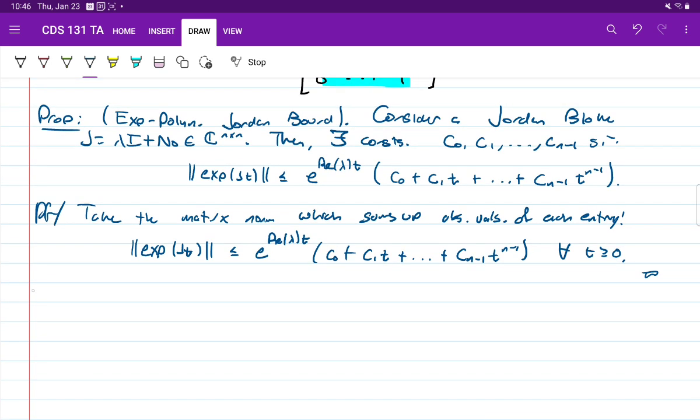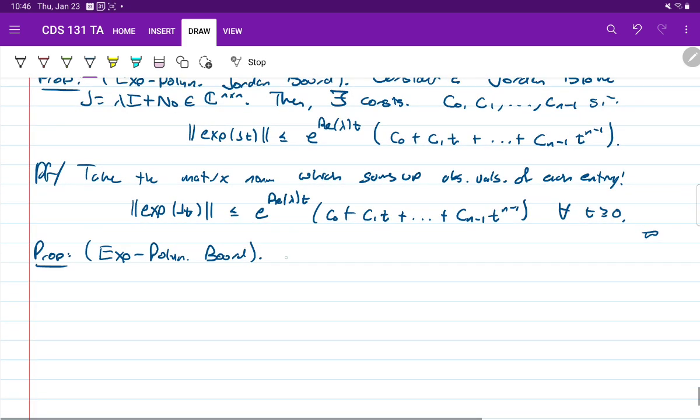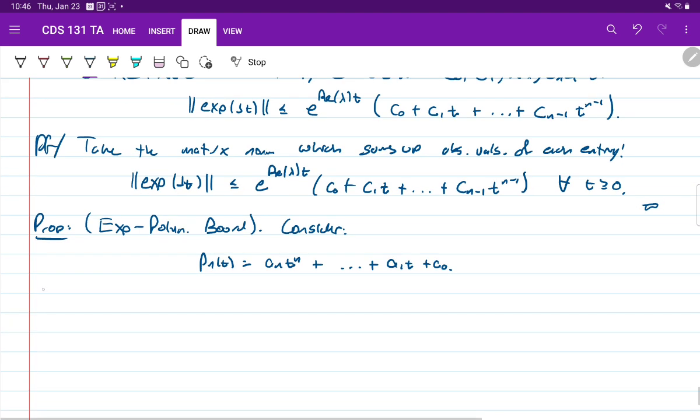So what we're going to do now is show that we can control the size of a polynomial with an exponential of any positive decay rate. So this is the exponential polynomial bound. And what this says is consider a polynomial P_n(t) equals a_n t^n plus ... a1 t plus a0.